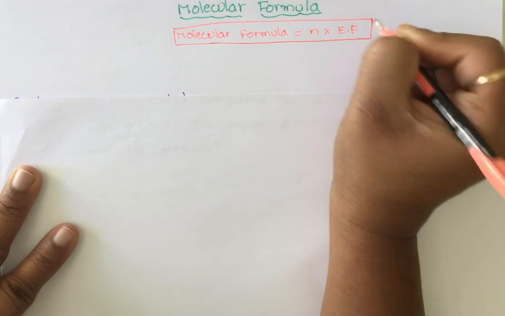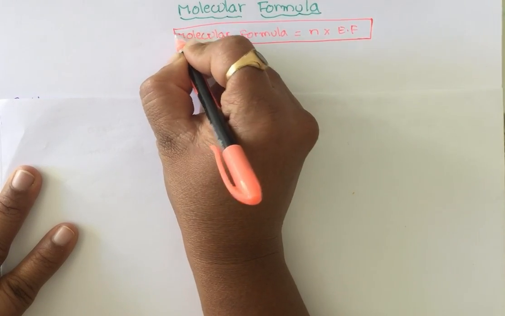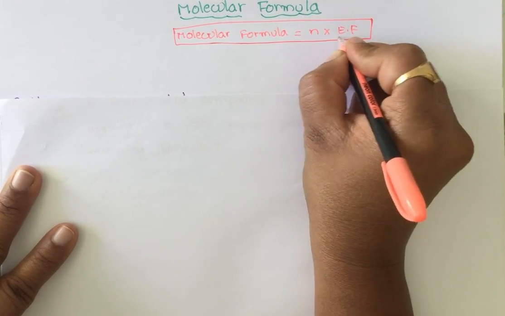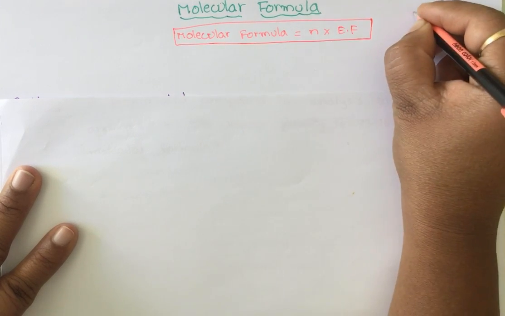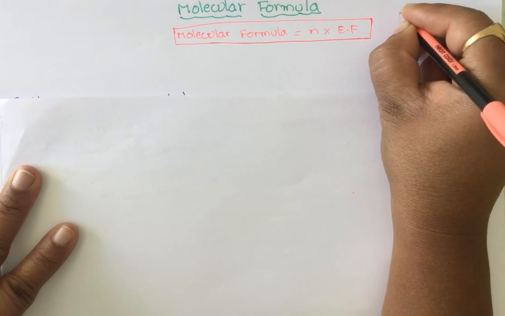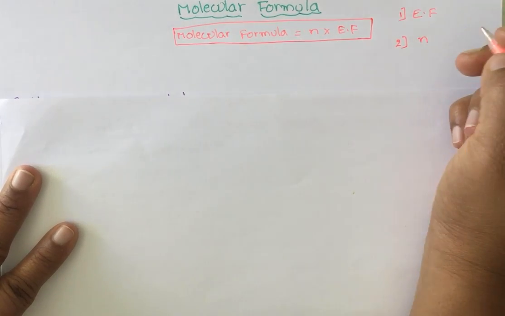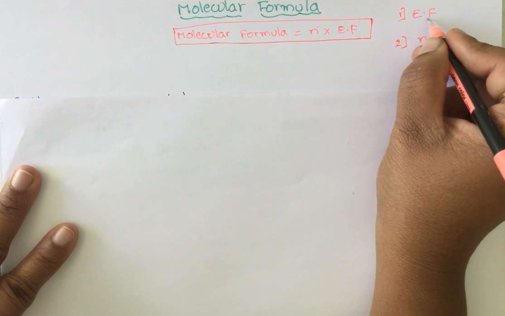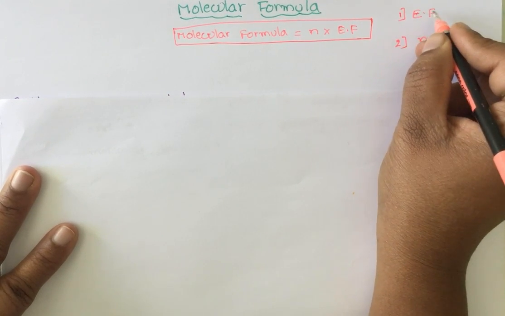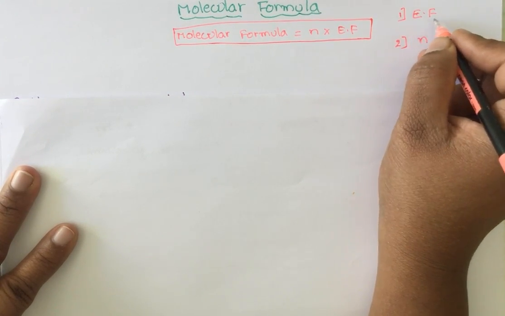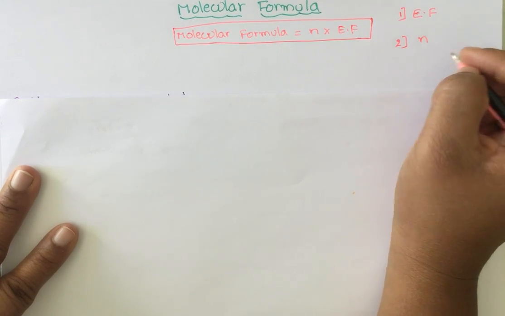So if you want to solve problems on molecular formula, what things do you have to know? First step, you have to determine the empirical formula, and second step, you need to find the n value. How can you find the empirical formula? Based on the percentage weights, as we discussed in a separate video.